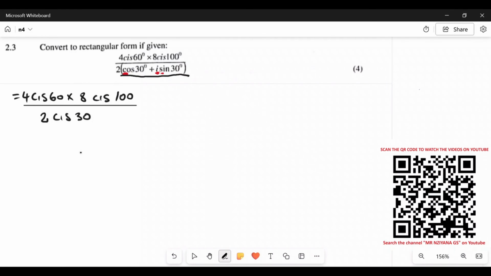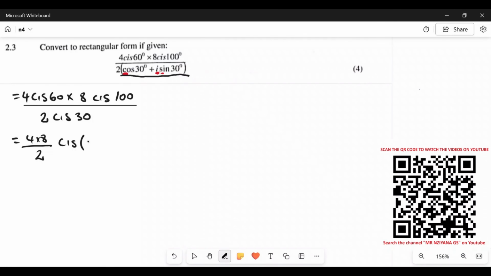Since these complex numbers are multiplying each other, so 4, 8, and 2, they're gonna multiply and divide. So we can write 4 multiplied by 8 divided by 2. As for the angles, the numbers before the word cis there, they're gonna add when these complex numbers are multiplying.